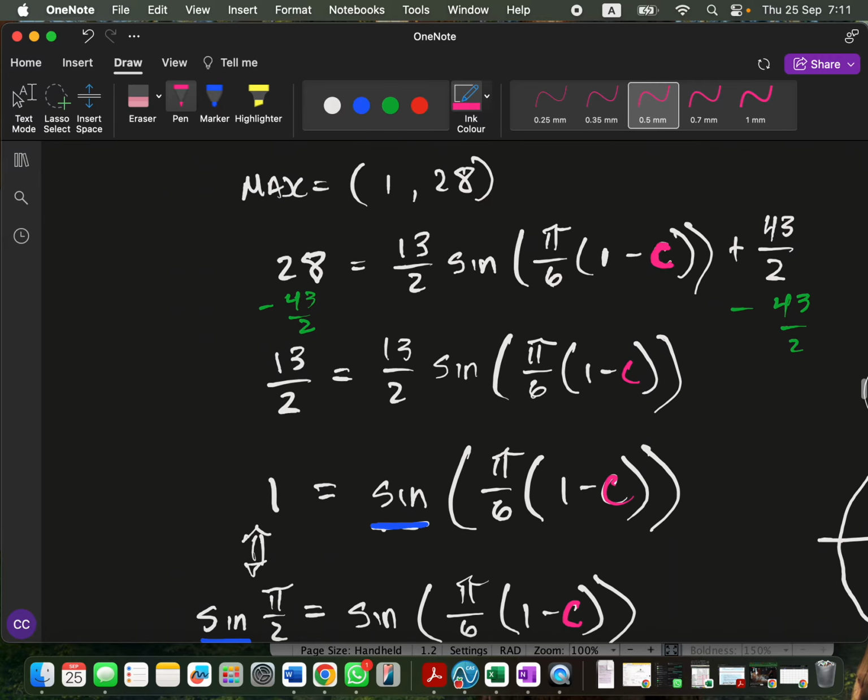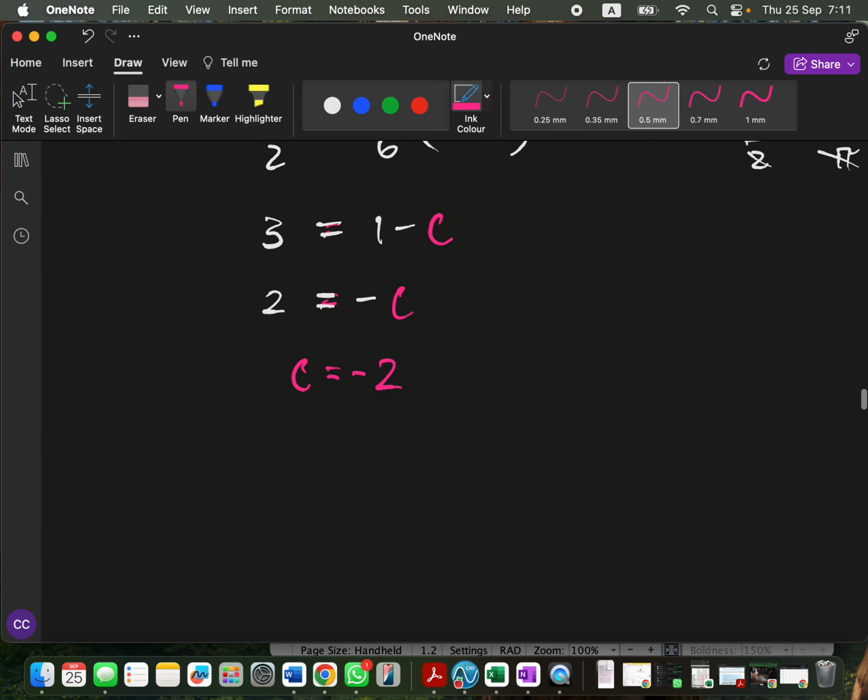So my final answer for this is the temperature is equal to 13 halves of the sine of pi over 6 x. Well, it's minus negative 2, so it's going to be plus 2.